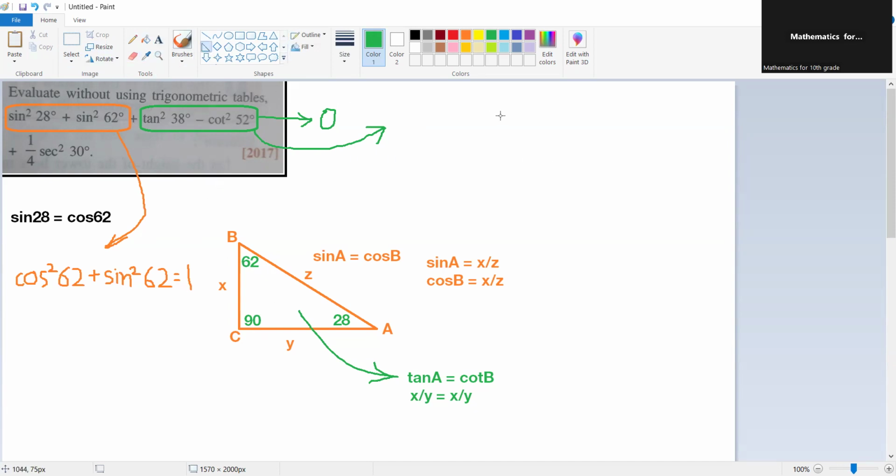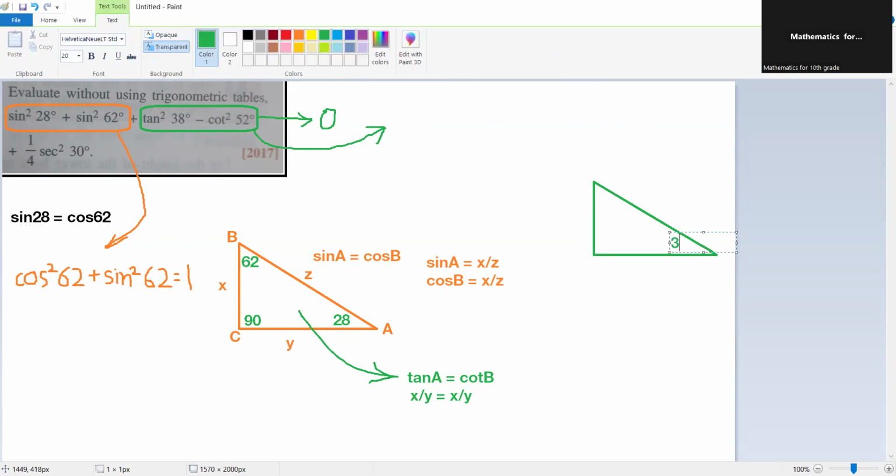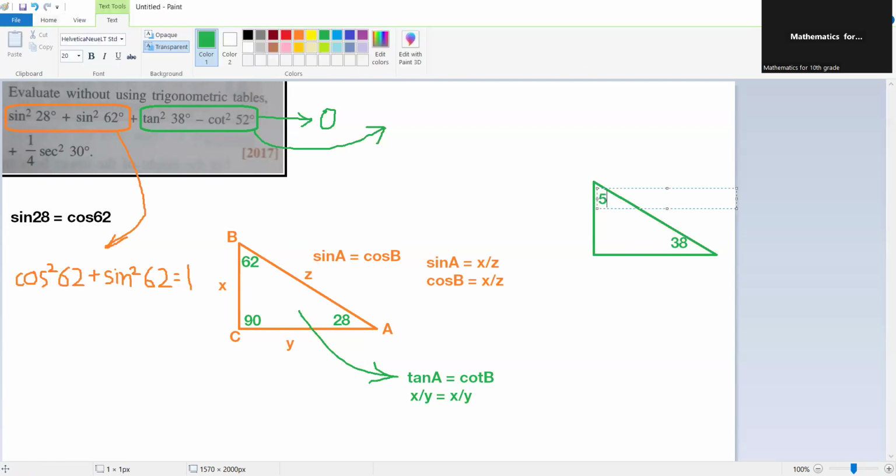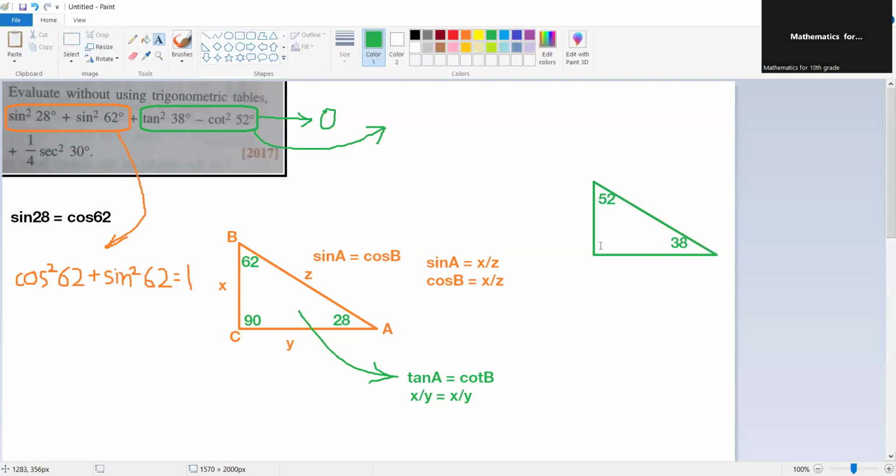So I'll just draw another right triangle. If this is 38, that one is 52, and this being 90.